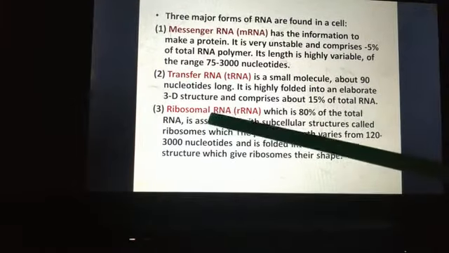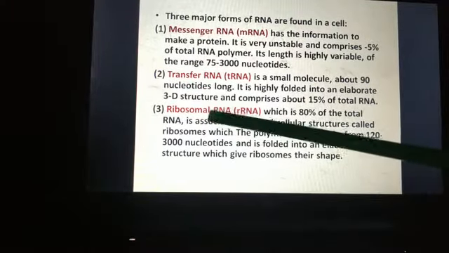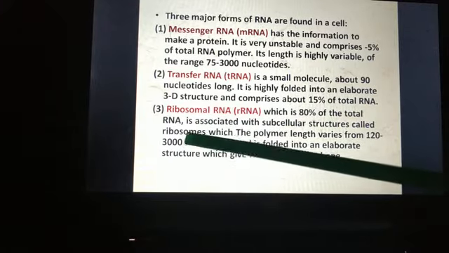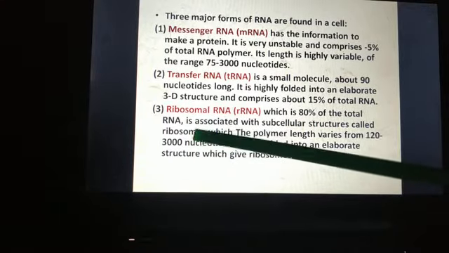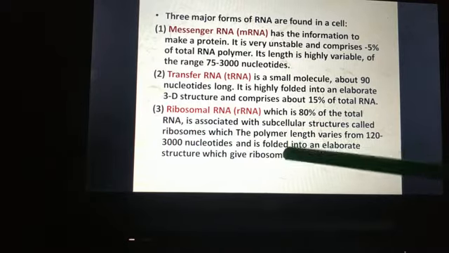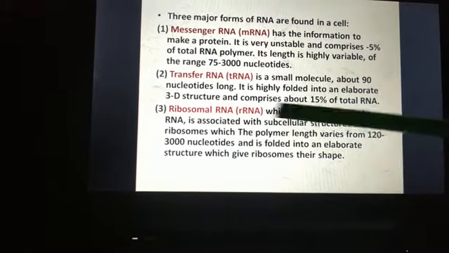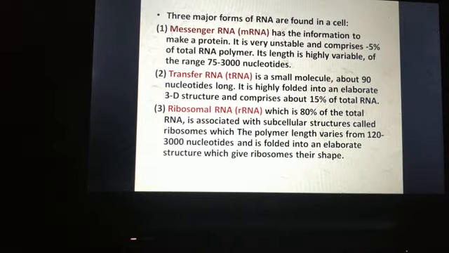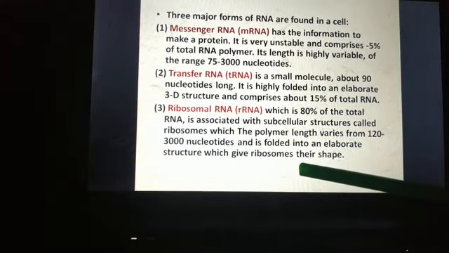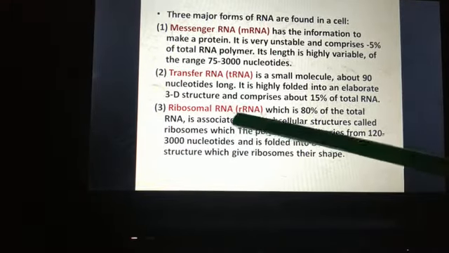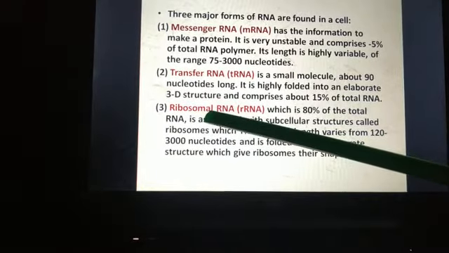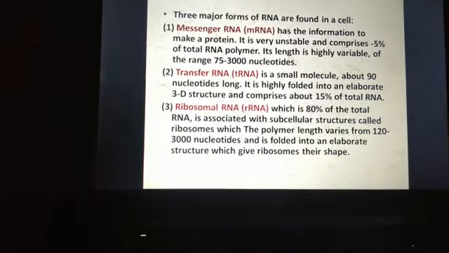So this is present in the form of ribosomes inside the cell. The length varies from 120 to 3000 nucleotides and is folded into an elaborate structure which gives ribosomes their shape. So the ribosomes are made up of this ribosomal RNA.